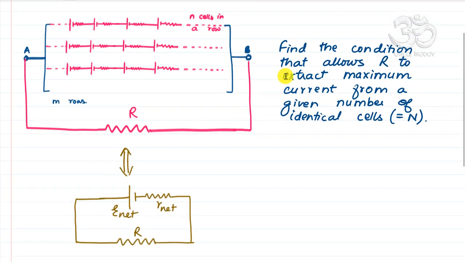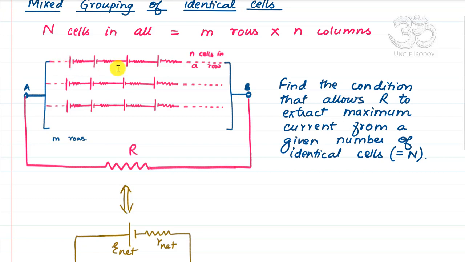So in order to find out E net, please keep in mind that let's first solve for a row. Now in a row, you see that all the internal R's, all these small R's, are in series.